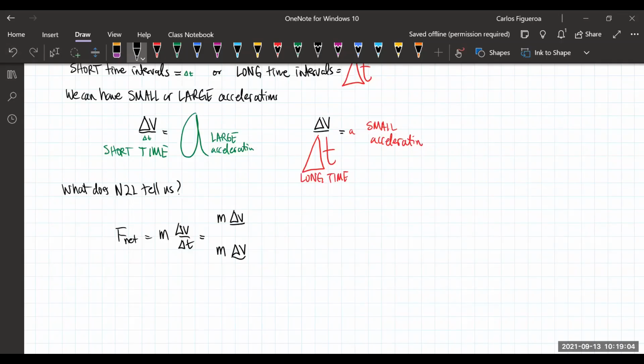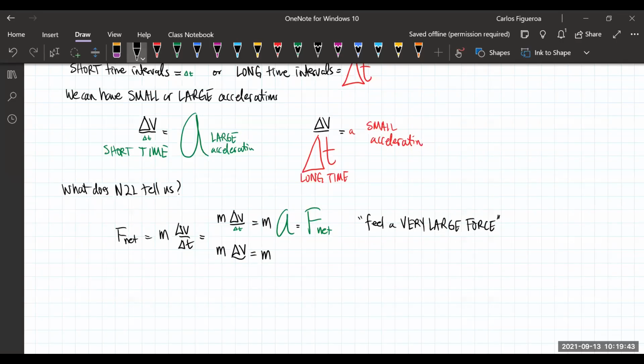They're exactly the same. So what happens here? If I have a tiny time interval, I get a huge acceleration. And if I get a huge acceleration, I get a large net force. So I feel a very large force.